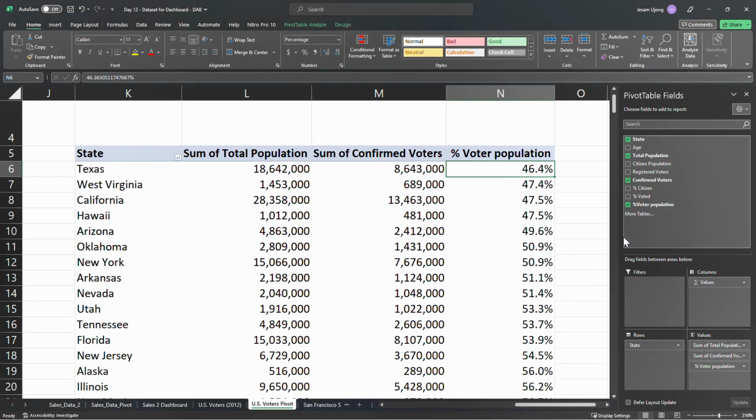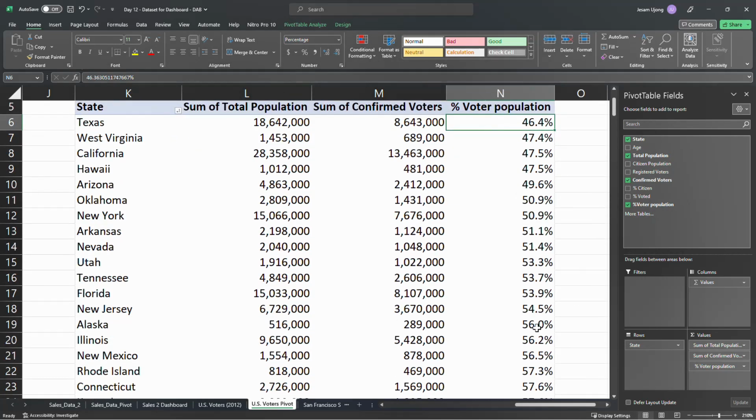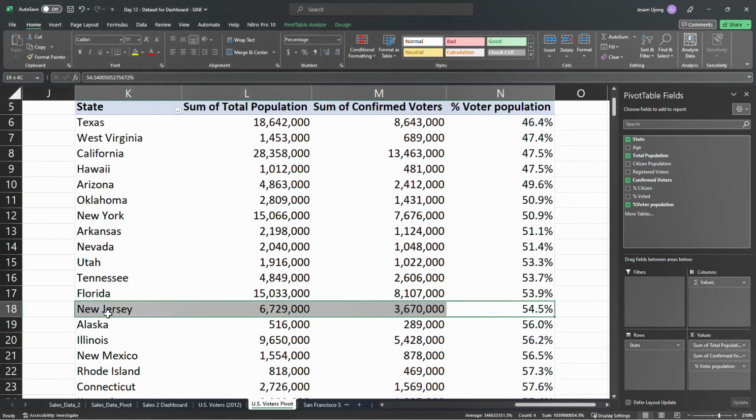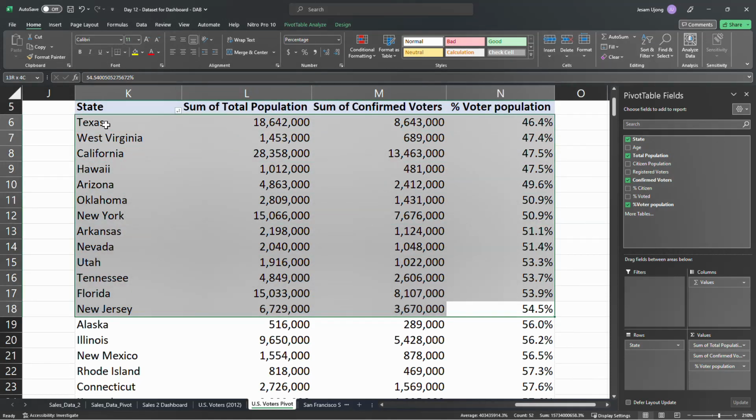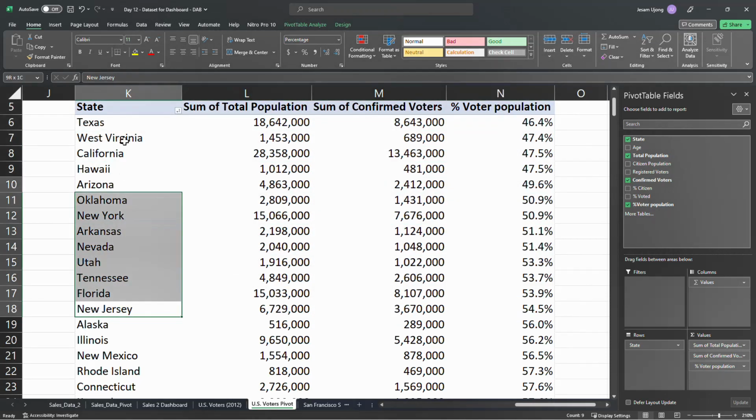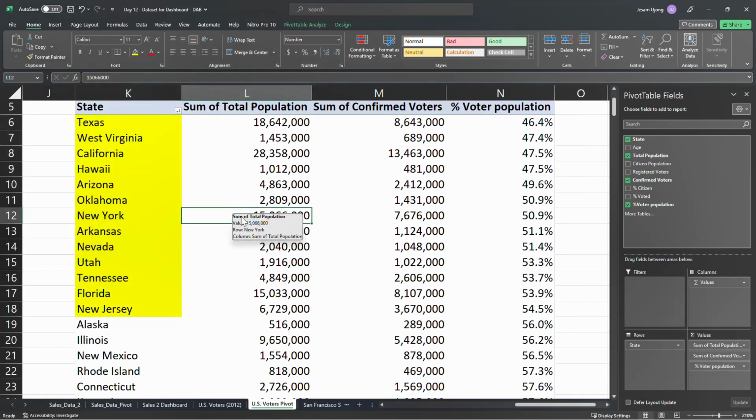I could do smallest to largest. And then here I will just look for anything below 55. And there we have it from here. And I would take the count or mark it: 13. So 13 states.